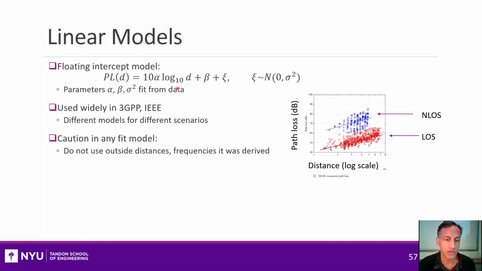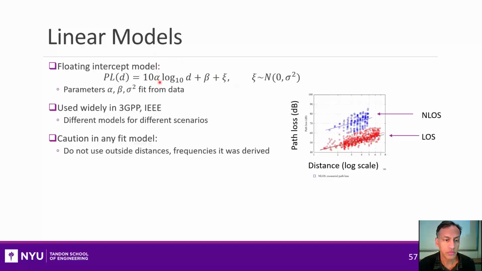So one way to model it statistically is saying that the path loss will have some function of the distance, but it will be linear in the log of the distance. So there will be a slope term alpha and an intercept term beta, but then even given the distance, there'll be some randomness, because of course the real world has some randomness depending on the particular locations of obstacles and other variations in the environment.